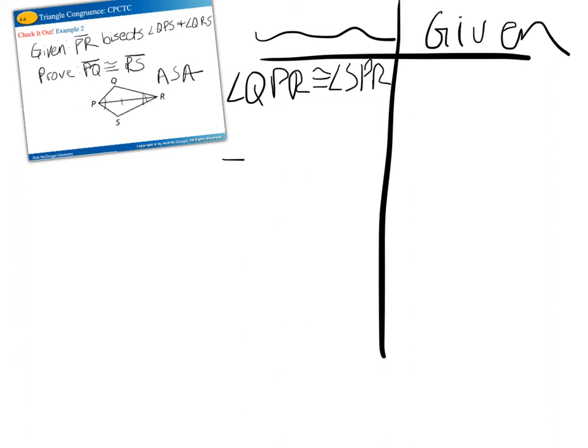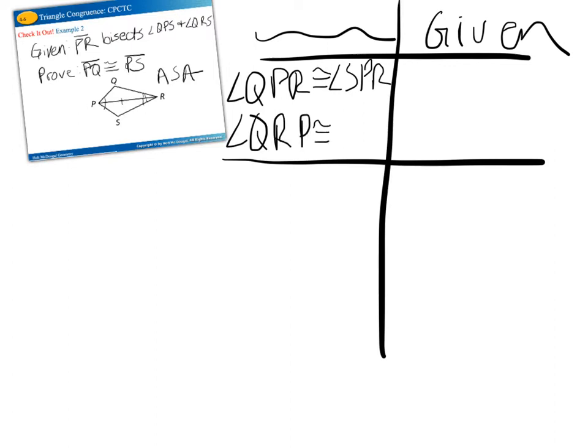And in this same line, I can go ahead and write angle QRP is congruent to angle SRP. Notice what this is saying: QPR is congruent to SPR, so these two are congruent, and QRP is SRP, so these two are congruent. The same reason applies to both of them. That's why I wrote it in one line: definition of bisector.